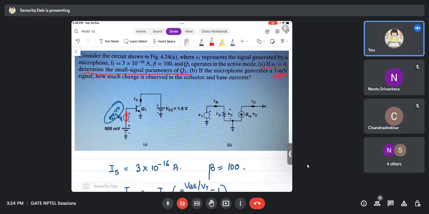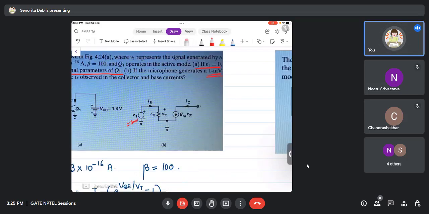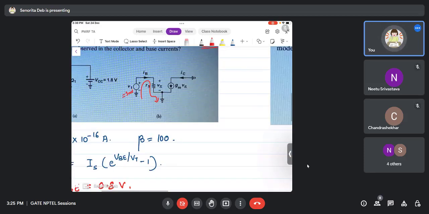Now, when V1 is 1 millivolt, what is the change that you are observing in collector and base currents? You can apply a KVL here, in the small signal model, and you see that V1 is nothing but V pi, and you directly got it as 1 millivolt, and you know that R pi you just found out, R pi is 375 ohms.